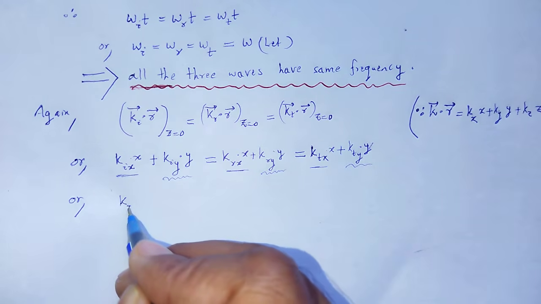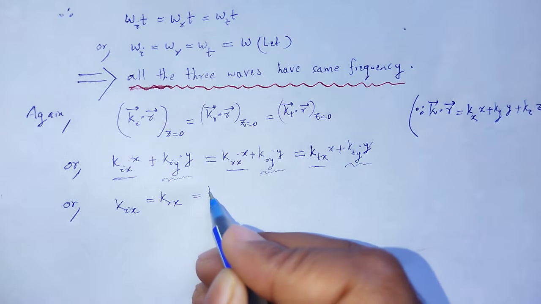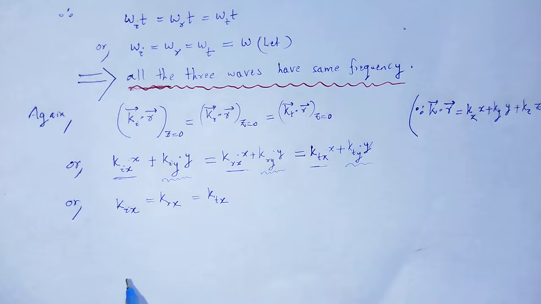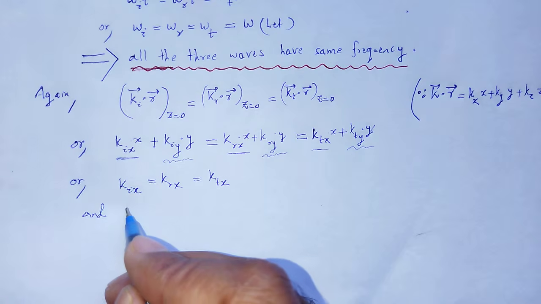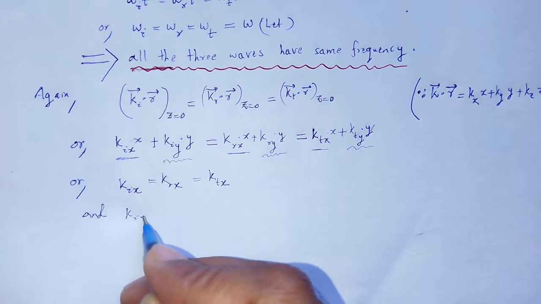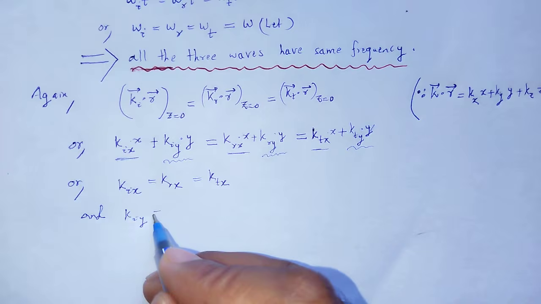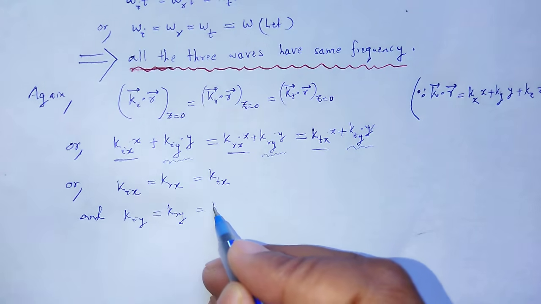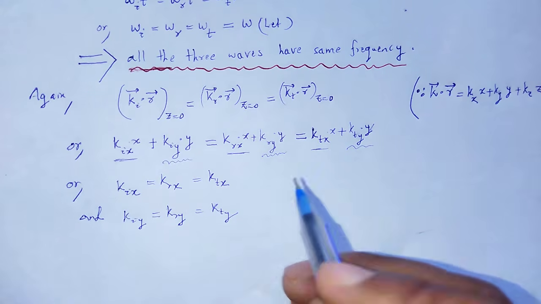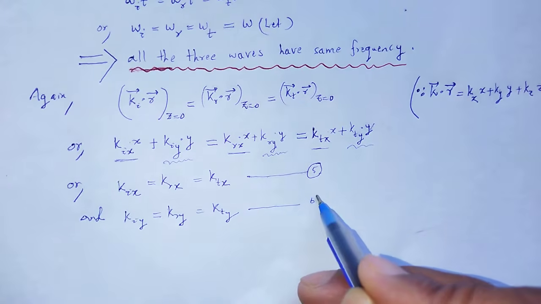So k ix is equal to k rx is equal to k tx, and its y components k iy is equal to k ry is equal to k ty. Let's refer it as equation number 5 and equation number 6.